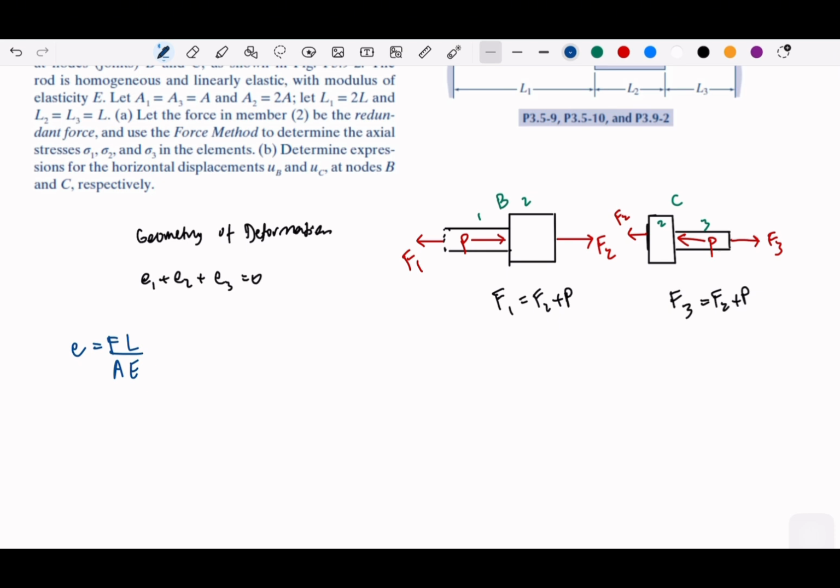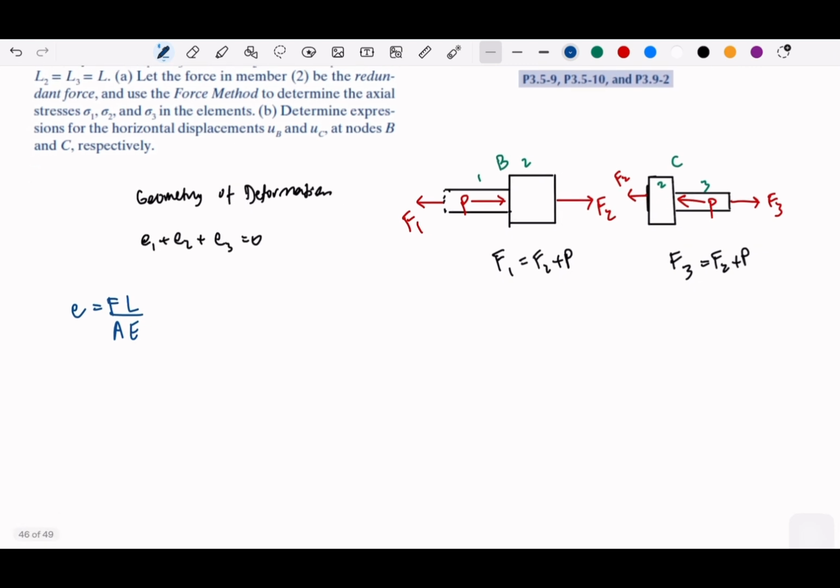But in the real calculation, that will be a number, and you can compute it first to make the equations easier. So suppose we have L over AE as small f, then E1 is F1 times small f1, the same thing with E2 and also E3.